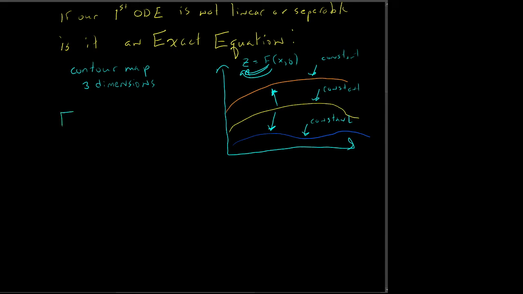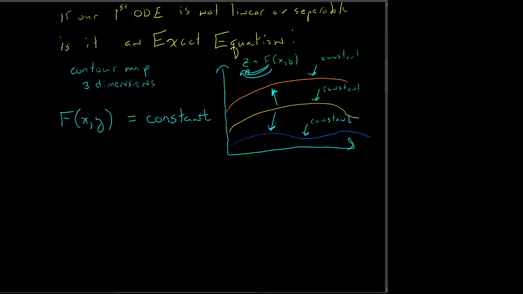We're going to say that we have a function in the form of f of x y is equal to a constant. Now again, we are looking at a very particular type of function. We're going to get some behavior of this function, and then we're going to say, because of this behavior, whenever we see that, we can solve our differential equations a particular way. Right? And so this is the type of function we want to look at.